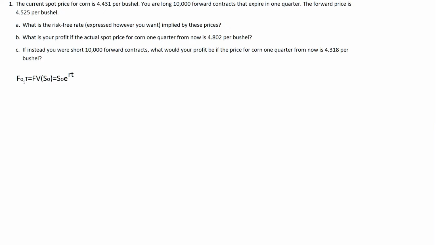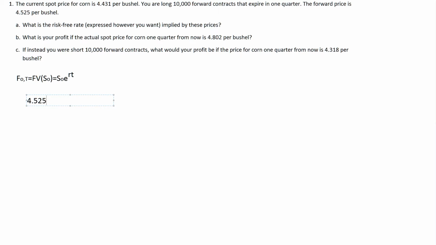So we know that a forward contract price is equal to the future value of the asset at time 0, which is the asset at time 0 compounded continuously, e to the RT. To set this problem up, we have our forward contract price, 4.525. That's the future value.